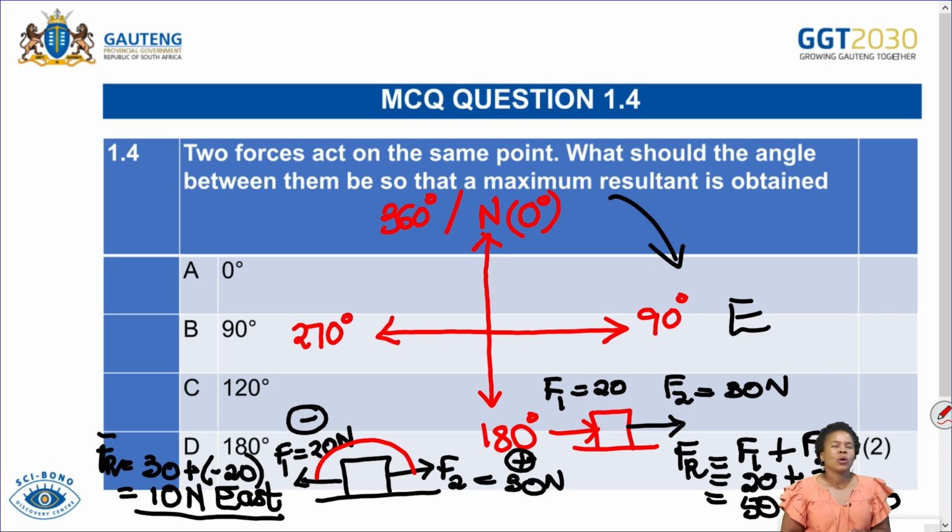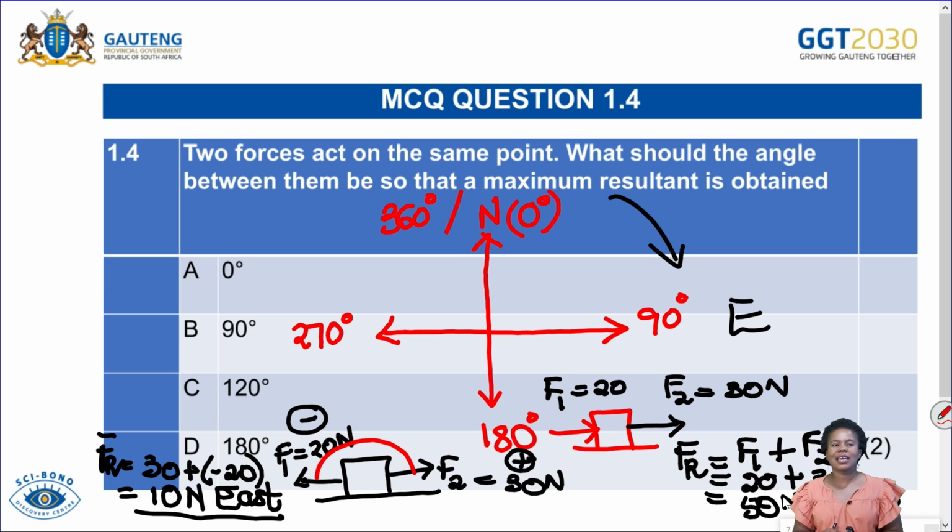So now, what do we have to do so that we get the maximum resultant? There does not need to be an angle in between these forces. They need to be acting in the same direction so that we are able to add them. The resultant is a single vector that has the same effect as two or more forces acting together, meaning it is the sum of all the forces acting on that specific object.